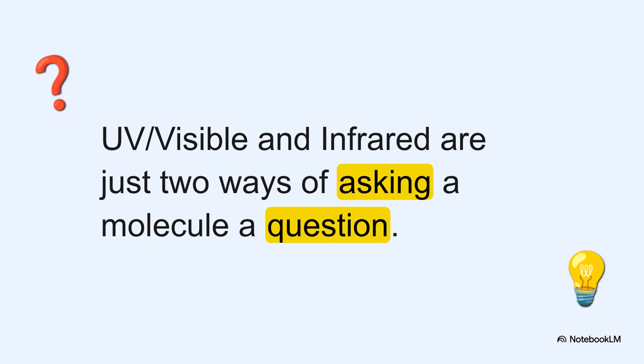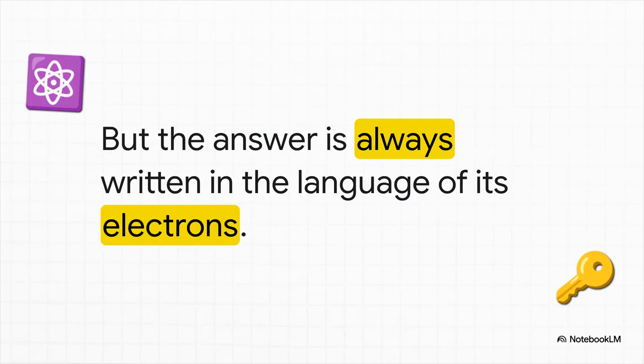Or you're asking, what kind of energy makes your bonds start to wiggle and vibrate? But here's the kicker. No matter which question you ask, the answer you get back is always written in the exact same language, the language of its electrons. It doesn't matter if they're jumping to create color or if they're influencing how the bonds vibrate. Understanding what those electrons are doing, that is the key to understanding the entire molecule.